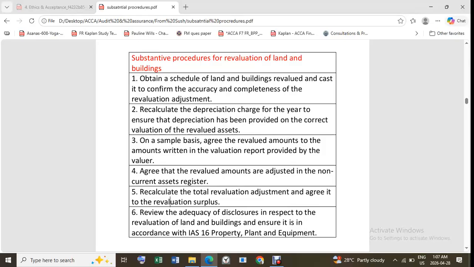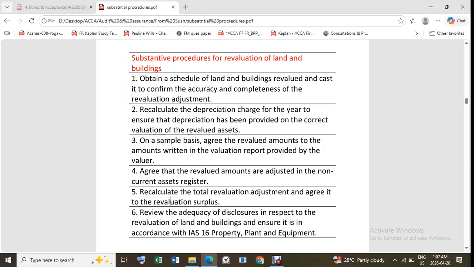If the land is owned by the company, then there will be no depreciation for the land. So we have to keep that in mind, that when any depreciation is to be recalculated, it is telling about only the buildings, not the land.